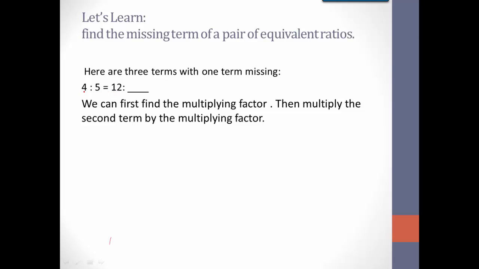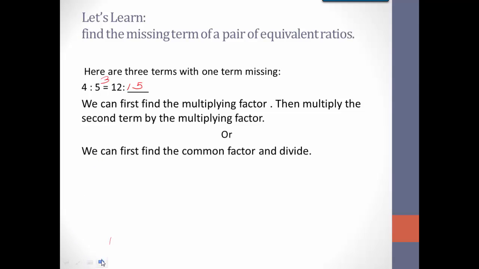So let's see. 4 times what will equal 12? Well, it's 4 times 3. So let's multiply the second term. 5 times 3 is 15. So I have an equivalent ratio of 12 to 15.